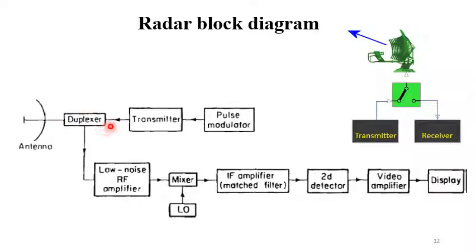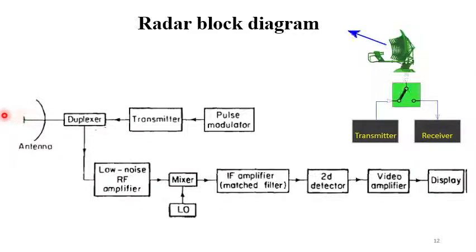Now that high power transmitter signal must go to the antenna for radiation, and that switching is done with the help of a special component called the duplexer. The duplexer allows the high power of the transmitter to switch towards the antenna.